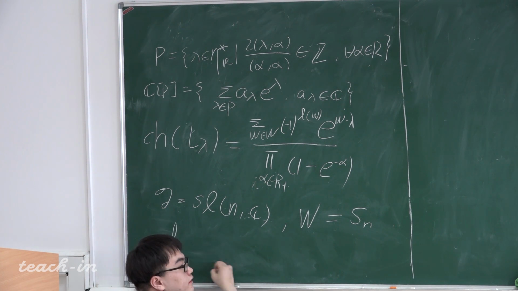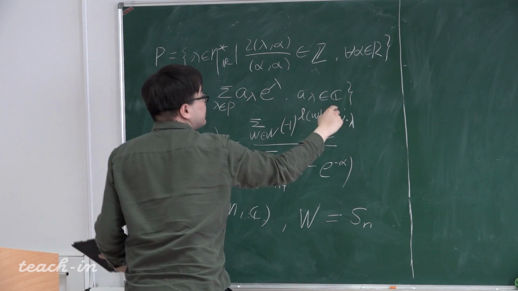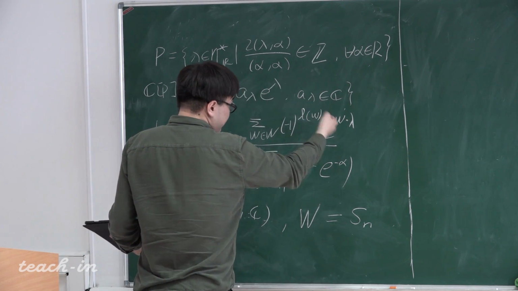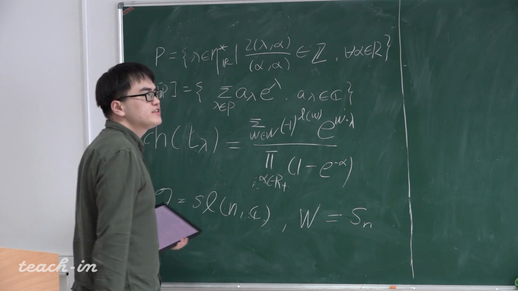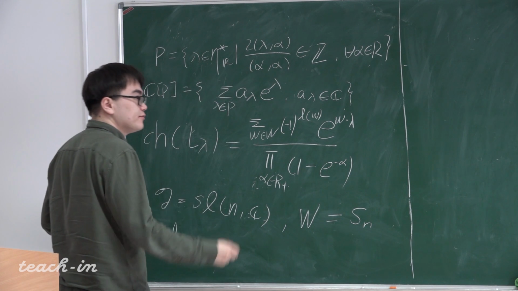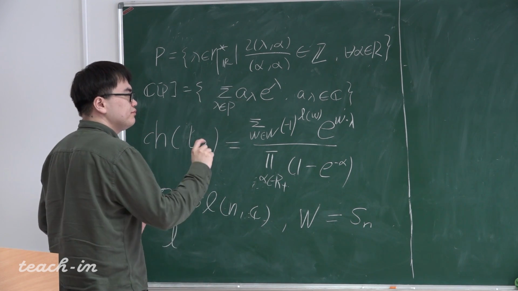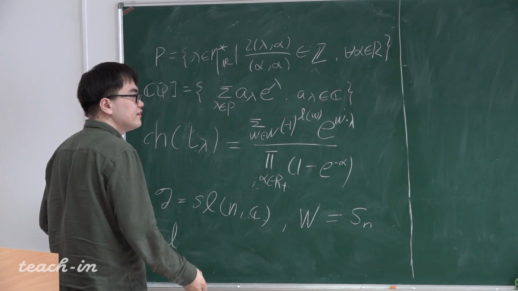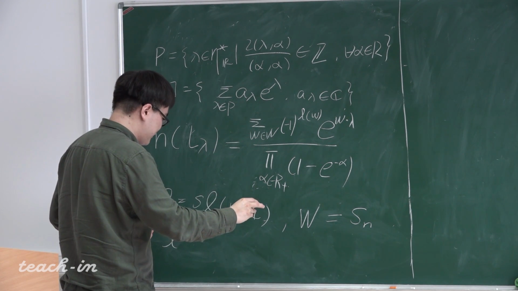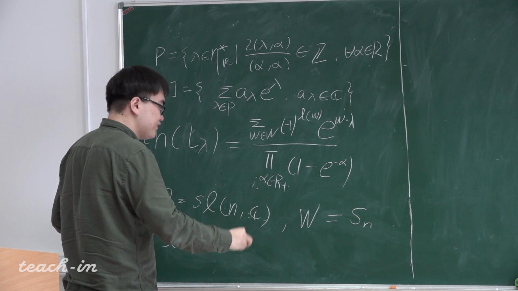Moreover, we know how it acts on the lambda i's. It's not only isomorphic to this, but it actually permutes exactly these lambda i's. If this w is a simple reflection, then this action just changes two elements. It's a two-cycle, yeah.